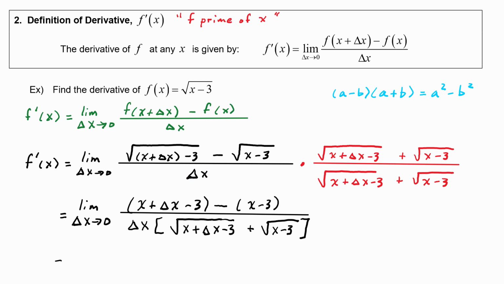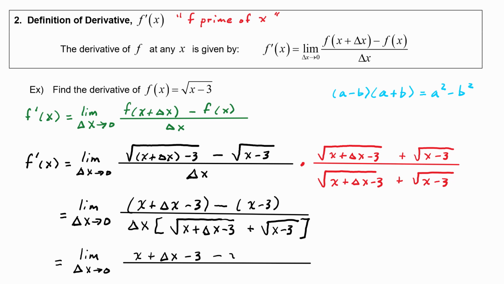Let's simplify. We get limit as delta x goes to 0. Let's get the fraction bar in there. In the numerator, we need to clear out these parentheses. On this first term, of course, we can just drop the parentheses, x plus delta x minus 3. For this second term, we will need to distribute the negative sign.